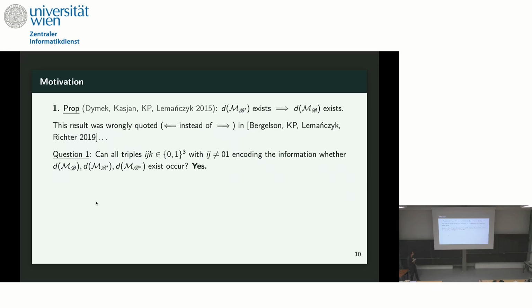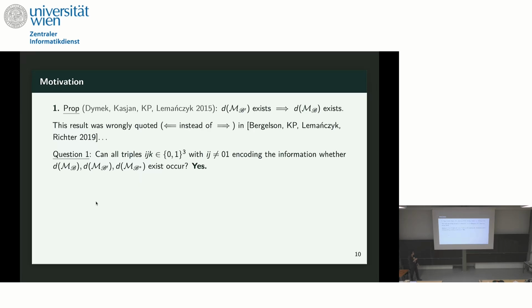That's kind of straightforward. And unfortunately, we managed to quote it in the wrong direction in a paper with those people. This wasn't a disaster, so it was easy to fix, but it raised the question: can actually all triples encoding the information whether these natural densities exist actually occur?